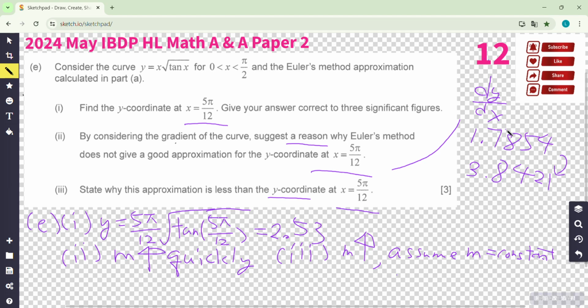So we underestimate the value of y. So the Euler method y is smaller than the real y. This is the reason, because m is increasing quickly too.